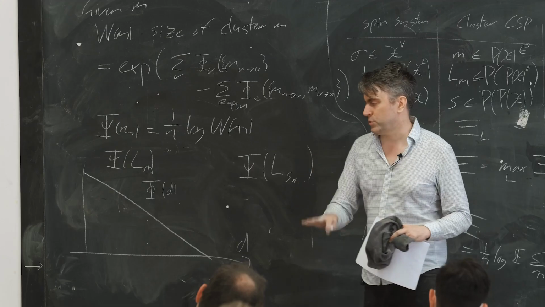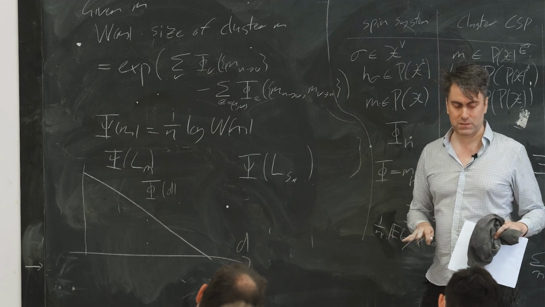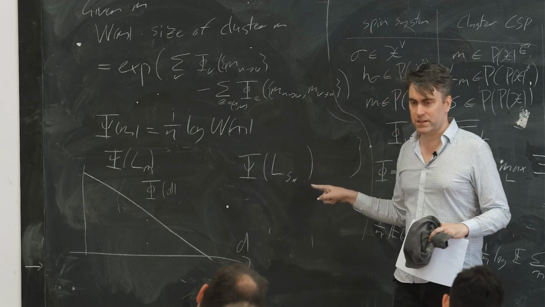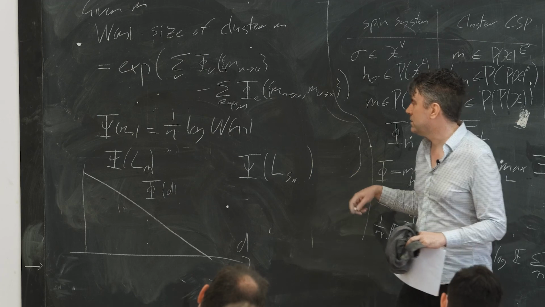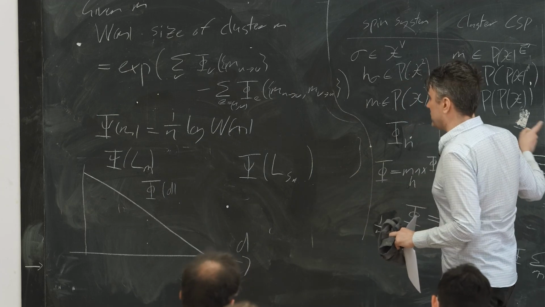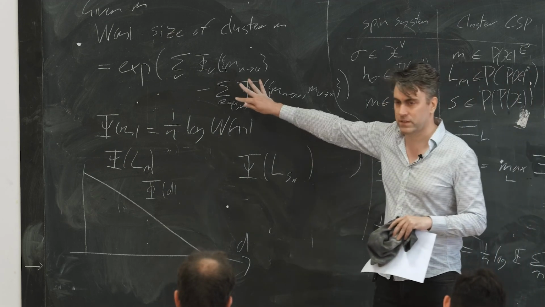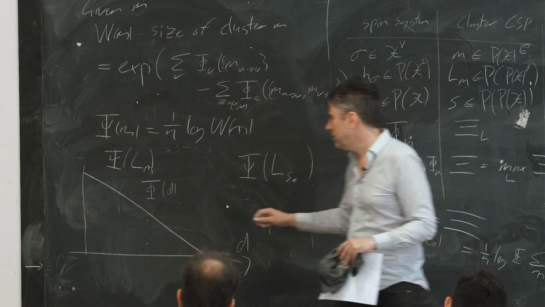So if I choose a random solution, look at its cluster, it should be e to the n times this. And so if we can find S, then we can find the associated empirical distribution, and we can plug it into this formula and evaluate this.